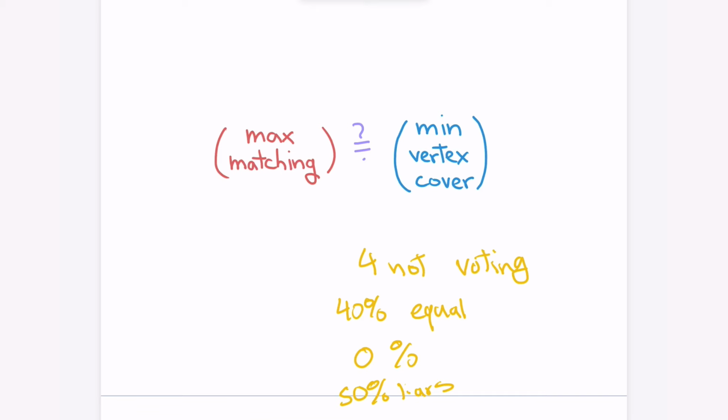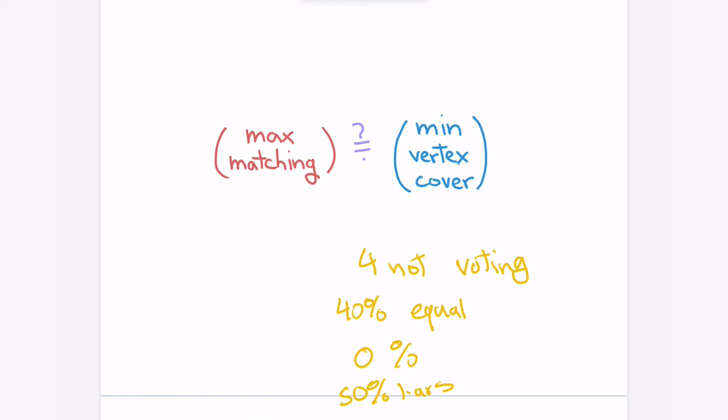Can anyone think of a simple graph where it's actually not equal? So if I had a star, a vertex and a lot of edges going out, then the vertex cover of 1 is just taking the middle one, and you can only take one edge.